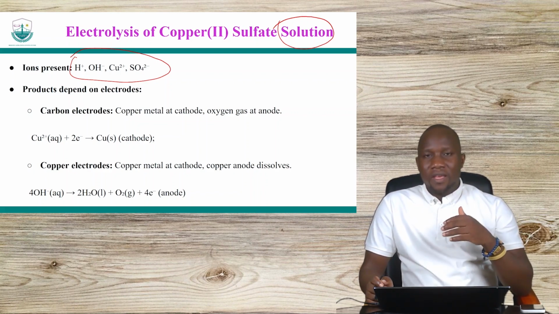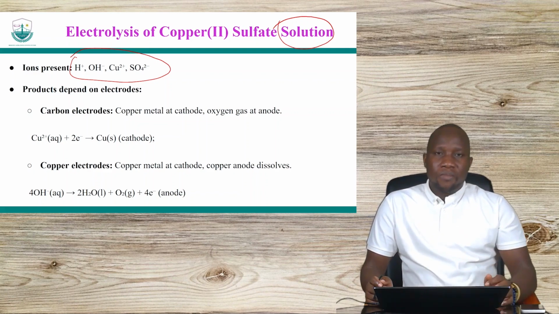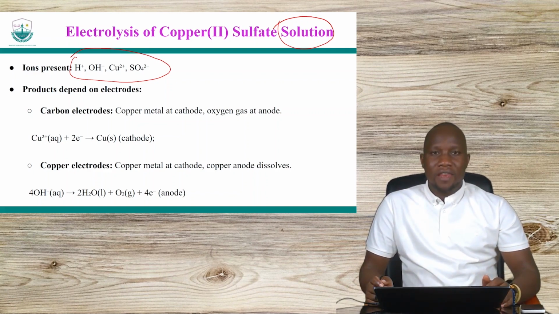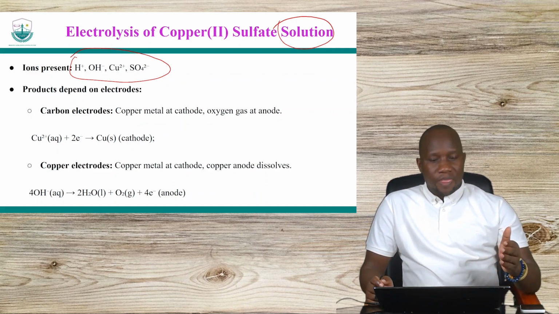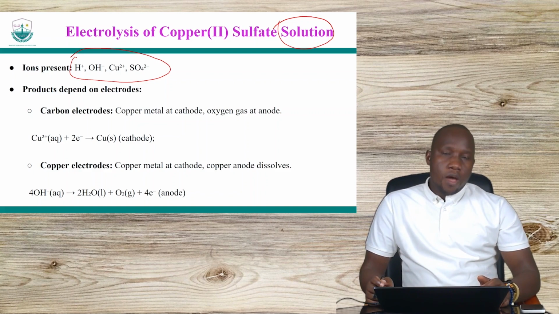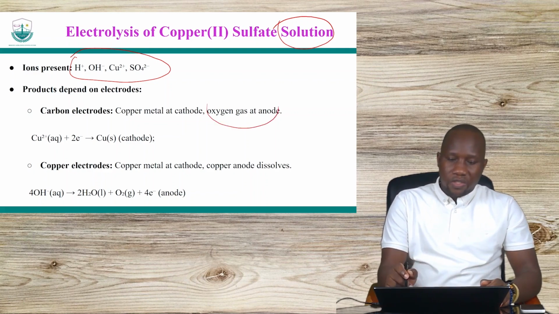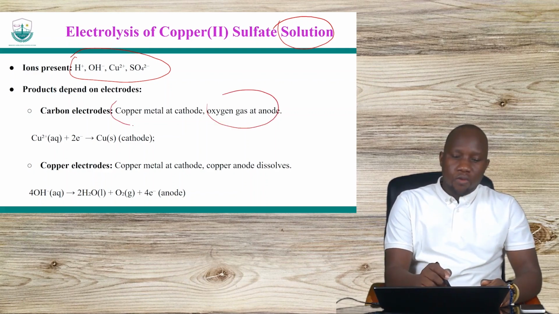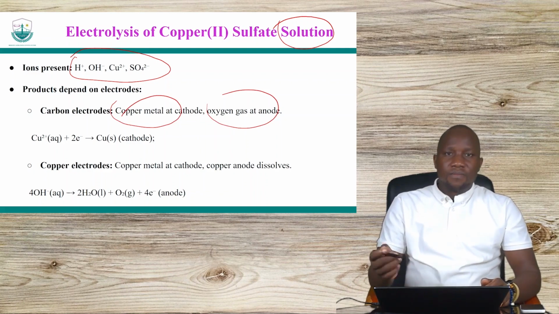So the same principle applies now here. What situation are we talking about? In the electrolysis of copper 2 sulfate solution, when you use carbon electrodes, you're going to have oxygen being produced and then a metal being deposited.